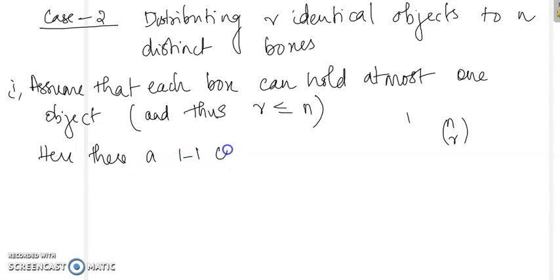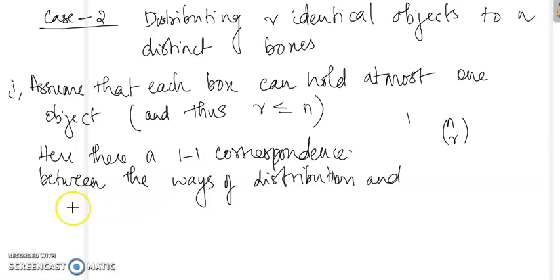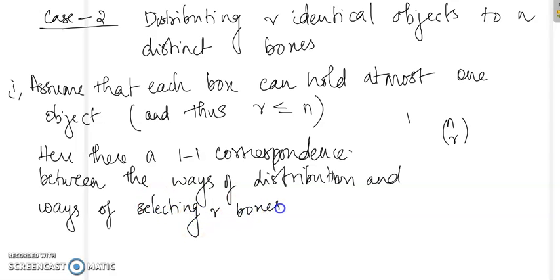So here there is a 1-1 correspondence between the ways of distribution and ways of selecting r boxes from the given n distinct boxes.